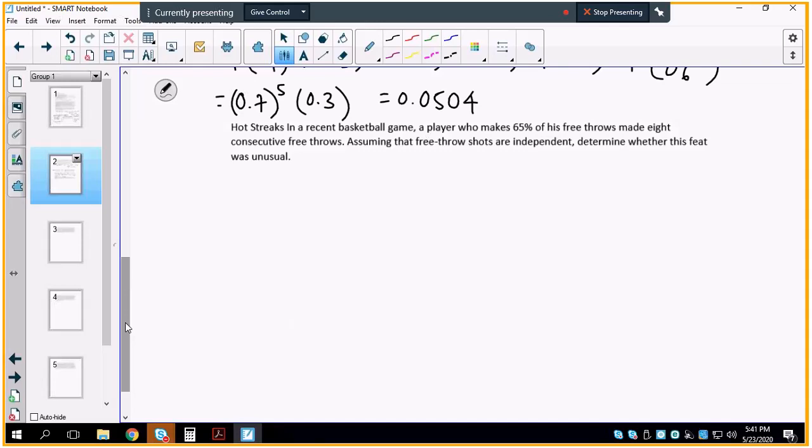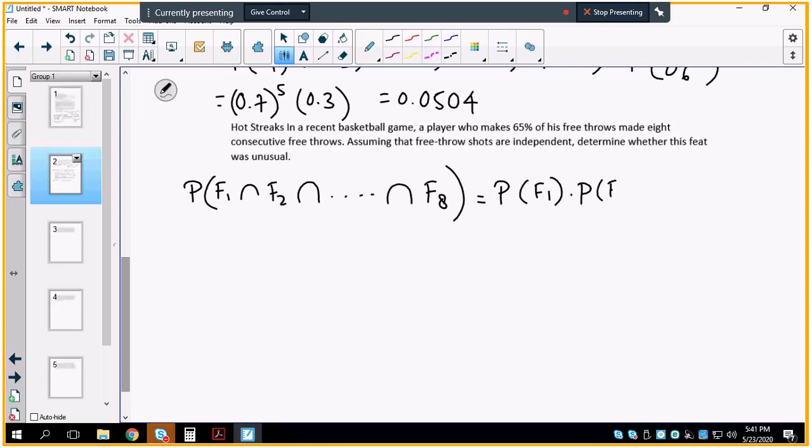This player had made 8 consecutive free throws. So F1 intersection F2 intersection through F8, which being independent is the product of the probabilities. I have 8 of them. Each time the probability is 0.65. So it's 0.65 to the power 8. You want to know this number and check whether this is unusual.